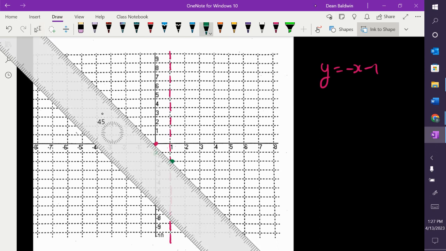Negative 1 over 1, right? M is negative 1, which is rise over run, right? So you go down 1 over 1.